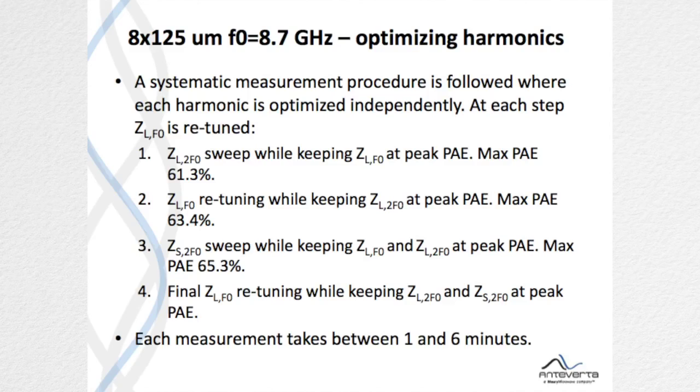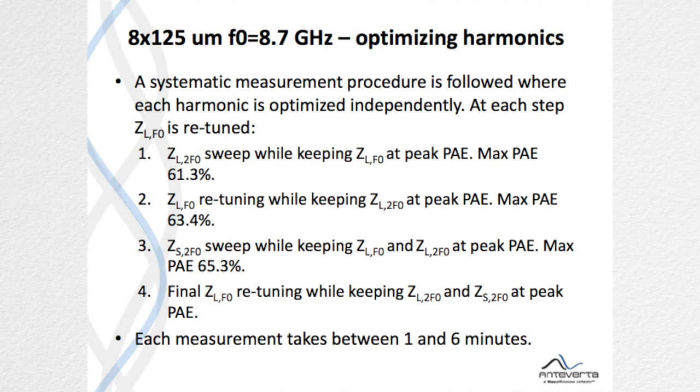After retuning fundamental, you get up to 63.4%. At that point, we start with the second harmonic source, where the other two are at the optimum, going up to 65.3%. And finally, we can retune the fundamental. And I'll show you the measurement in just a bit.